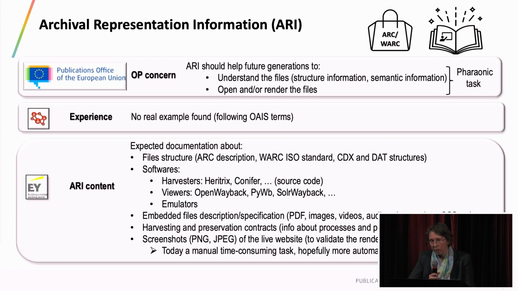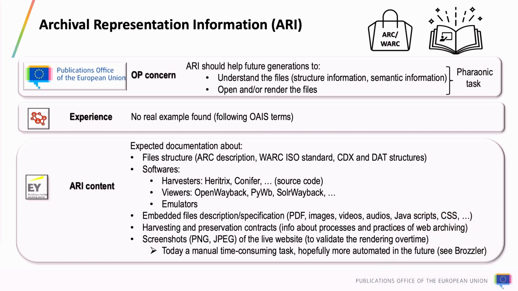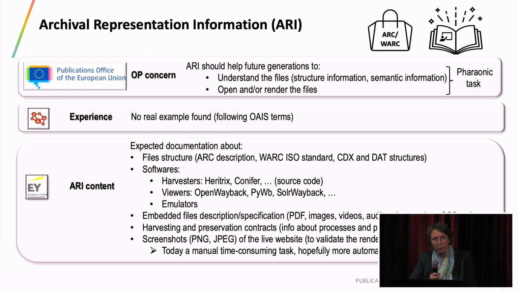The last question was about the archival representation information, which is the most complicated, because if we want to put information so that future generations understand the ARC and WARC files later, we need to put a lot of information. So it's a wish list. The expected documentation is about the file structure, the various software used to harvest, view, or emulate the files.